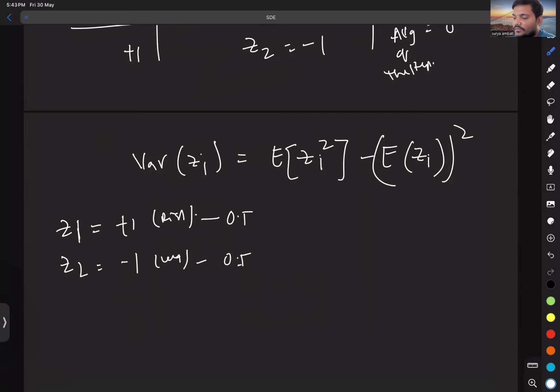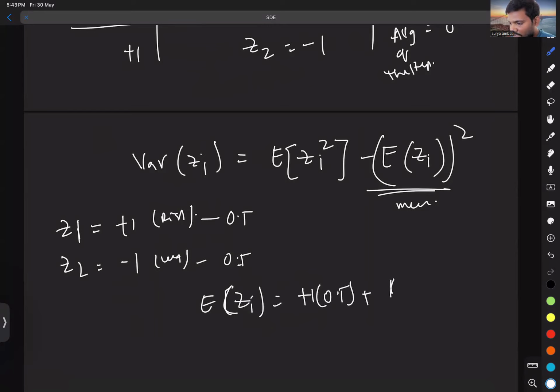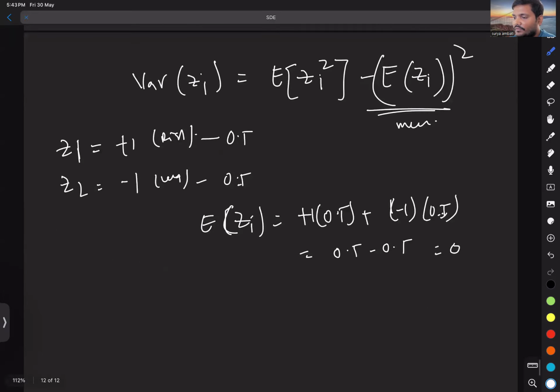Now, to find the first part, the mean, the mean of Zi is plus 1 into 0.5 plus minus 1 into 0.5, which is 0.5 minus 0.5, equal to 0. So now we have figured out one component in the variance, which is the mean.